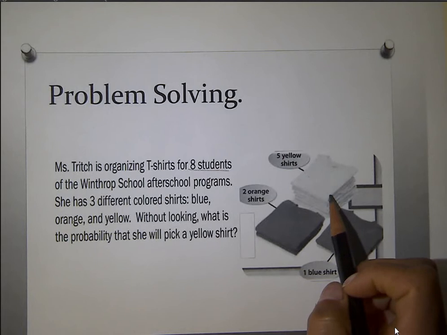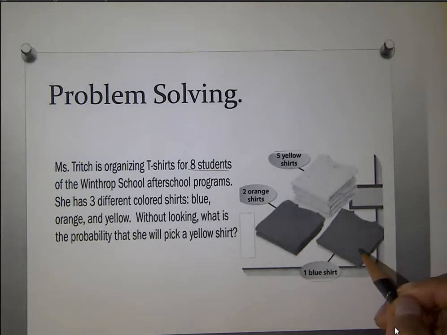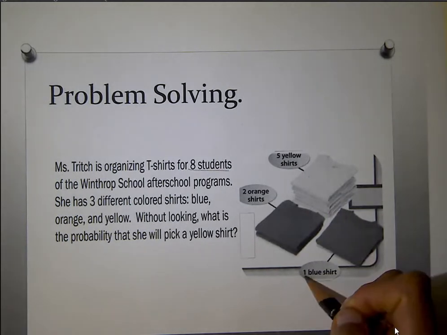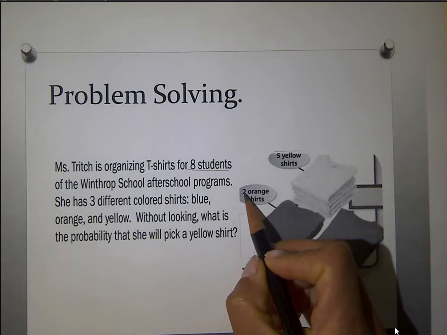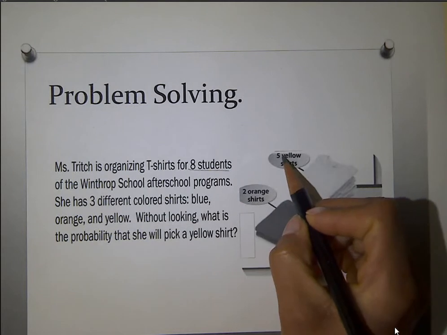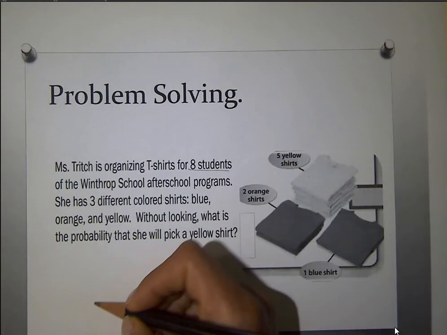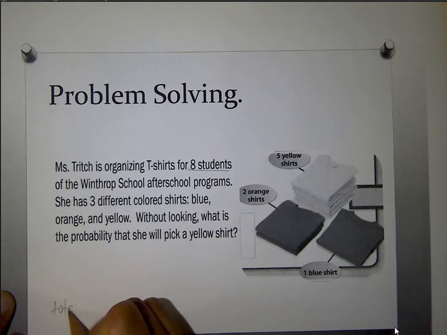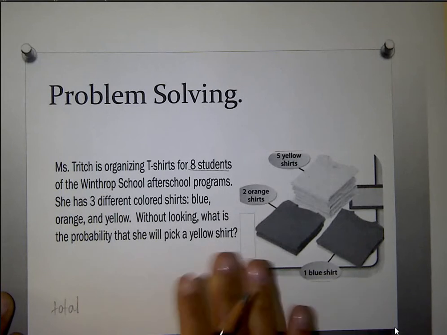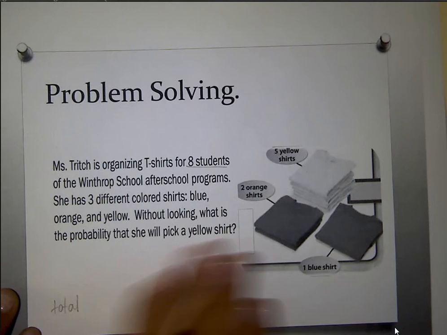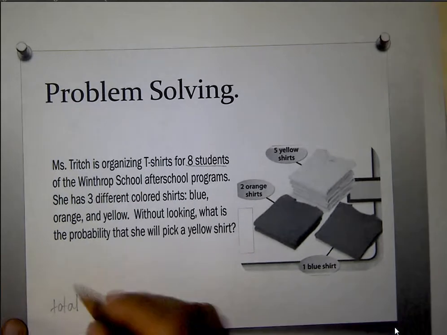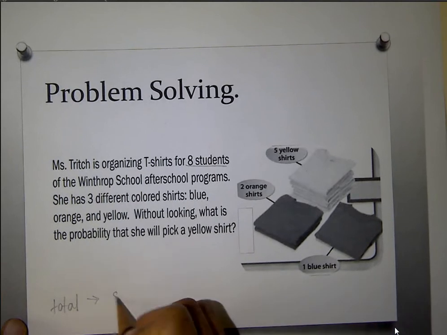But what would that look like if it was a fraction? So the first thing I need to do is total up how many shirts I have. 1, 2, 3, 3 and 5 is 8. So my total number of shirts is 8. That's my total.